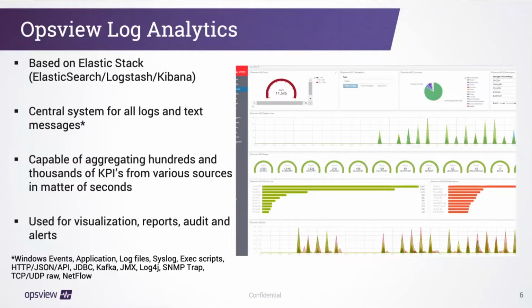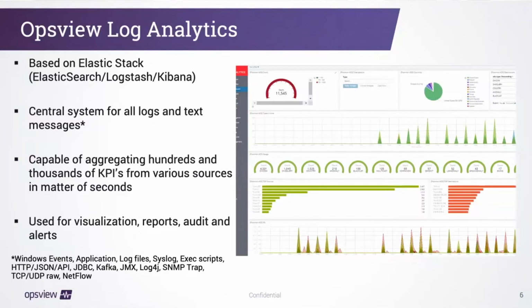And this is intended to scale, just like Opsview Monitor, Opsview Cloud, to a significant volume of data, which again we'll talk a little bit more about. But the idea is that you can send hundreds of thousands of metrics and log entries and so on, and bring that all together in a meaningful way, aggregate it very easily, but then drill down to the detail when you need to.